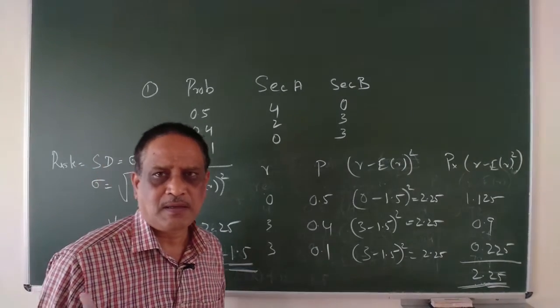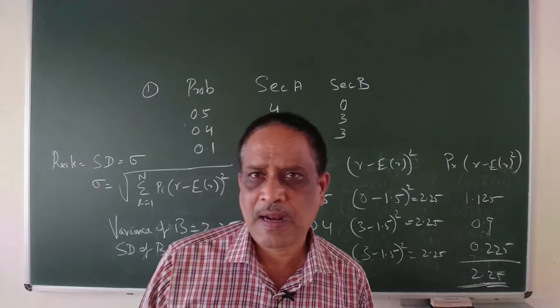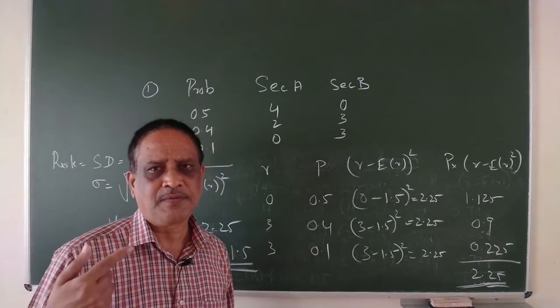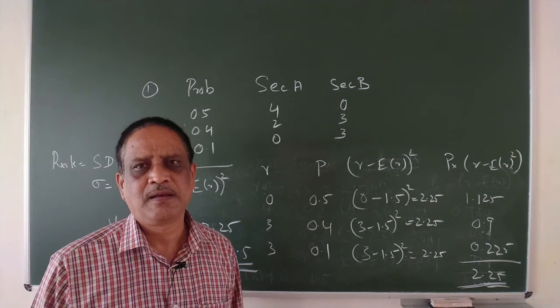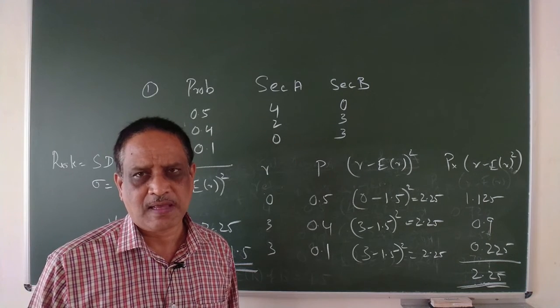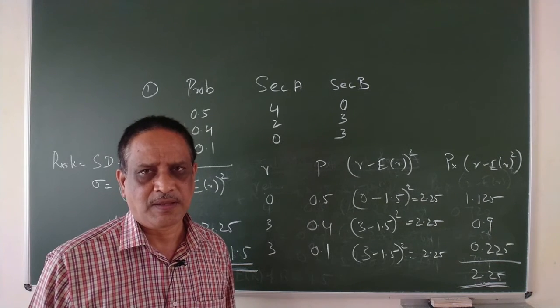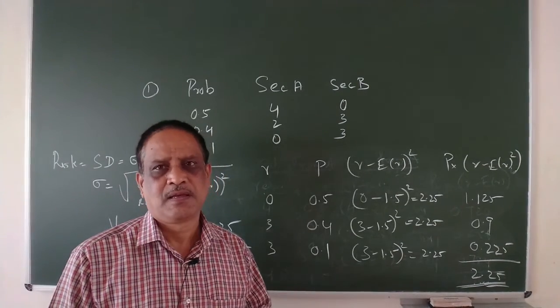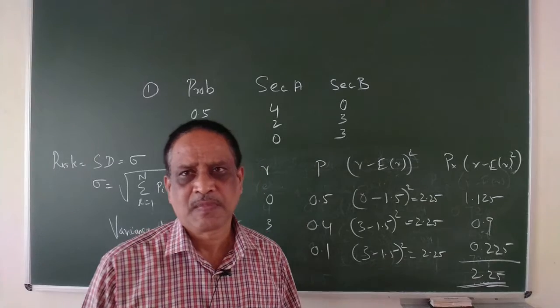We want high return and low risk. In this case, A is giving you high return and the risk is also low, as the standard deviation is lower here. So we have to select security A for investment. Thank you very much.